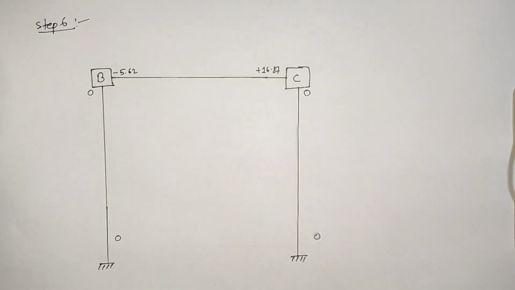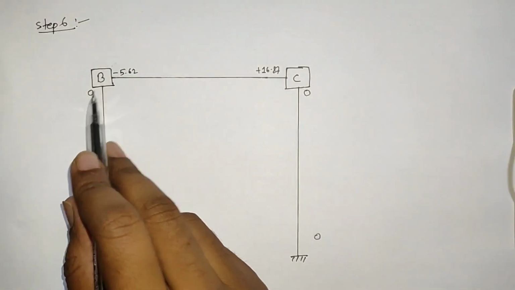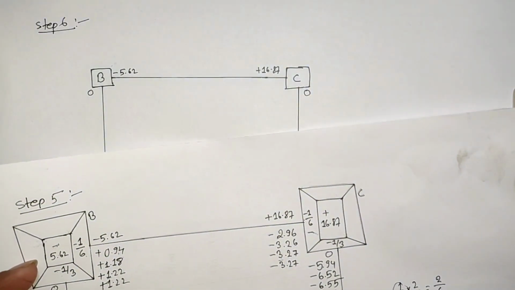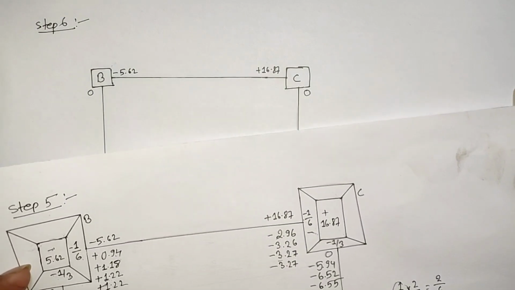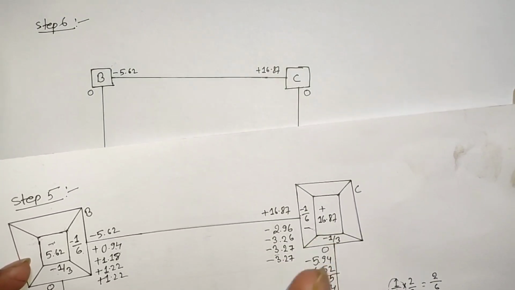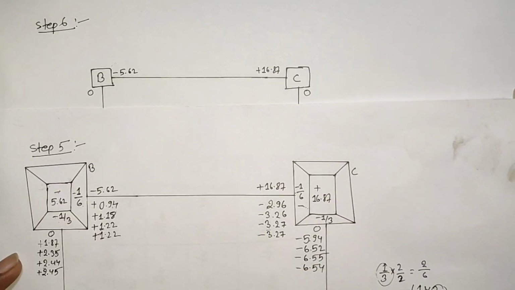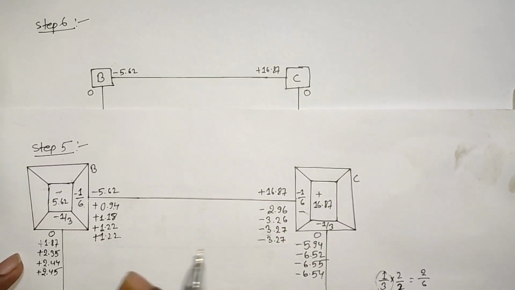So guys, here is step 6, and in step 6 I have already written the fixed end moment which was due to the loading. Now we need to write down the value which we have calculated using the distribution factor to find the final moment. There is a formula for finding the final moment.